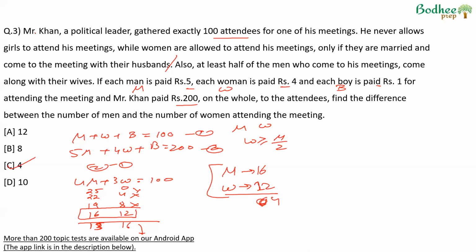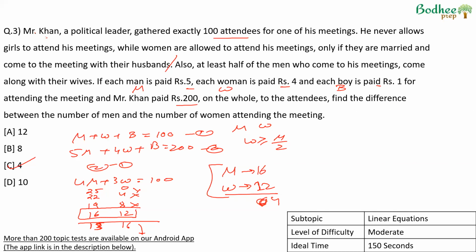In terms of level of difficulty, this is again a moderate to difficult level of question because we have to find multiple solutions, and from there look at the solution that satisfies our given condition. So about 2.5 to 3 minutes to answer the question.